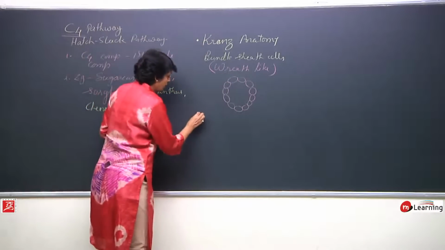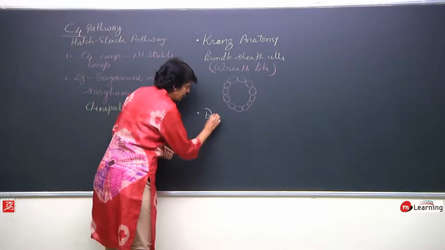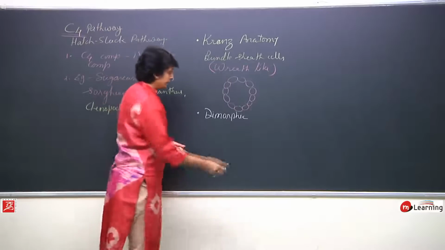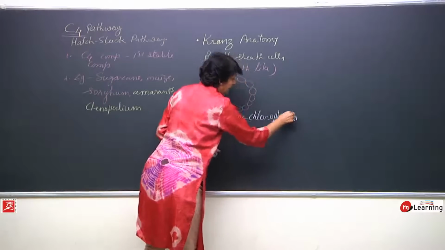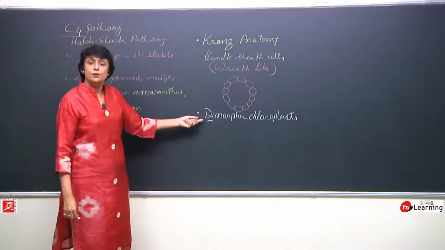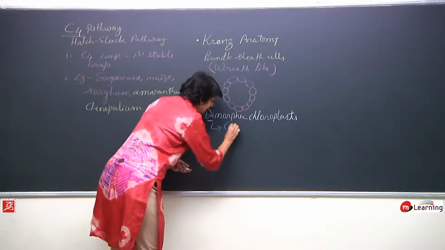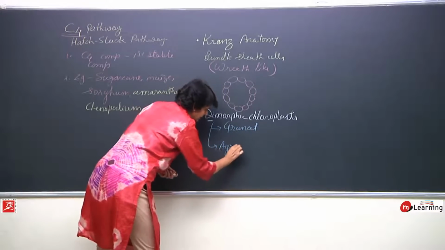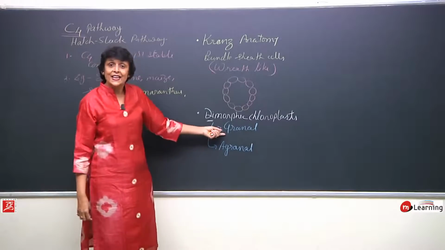The second important adaptation found in C4 plants is that they have dimorphic chloroplasts. Di means two and morph means form. So there are two types of chloroplasts found in them: one is granal and the second is agranal. Granal means the chloroplasts which have grana in them.